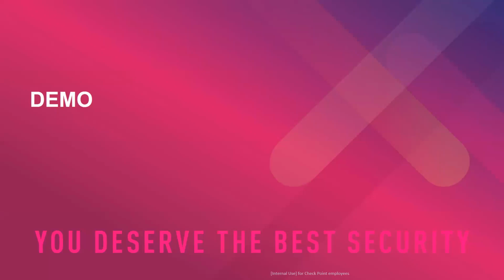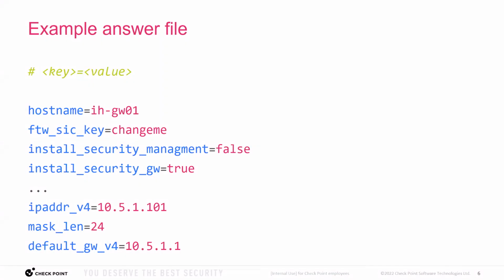Now, one of the things I wanted to show you, and this is actually on the system itself right now, is what does an answer file look like exactly? We saw that template that I generated with all those different values and comments, but the bare minimum that we need to have in this file are simply key value pairs, each on a new line.